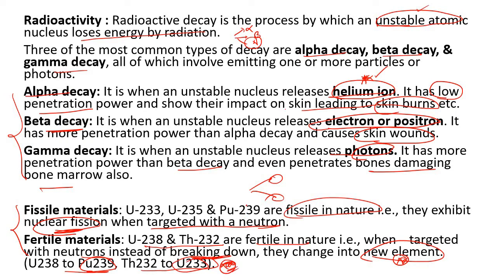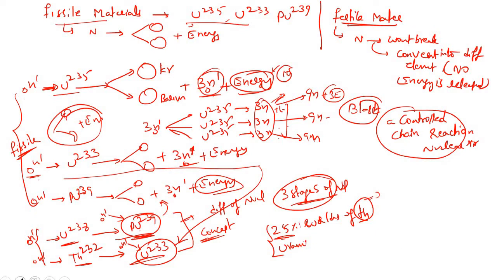But see, I'll clear this. Uranium oxide or uranium ore which is mined has a composition like this. Uranium-234 is around 0.055%, very little. The next one, uranium-235, is around 0.7% only.